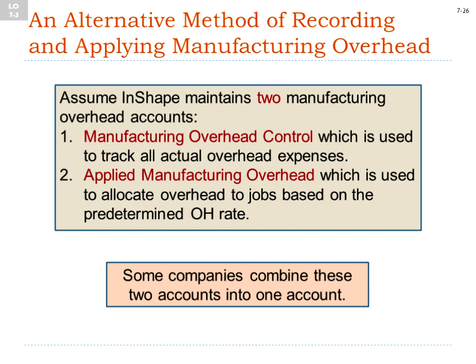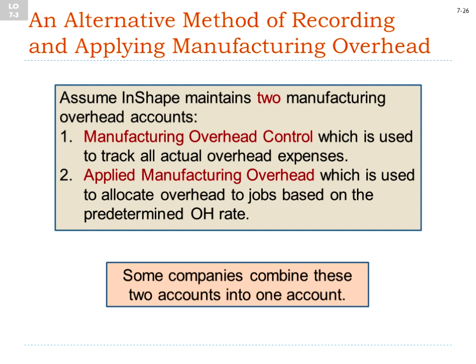So we have to estimate the amounts. So sometimes companies will keep the allocations in one account called the applied manufacturing overhead account, and then they'll track the actual overhead in the manufacturing overhead control account.